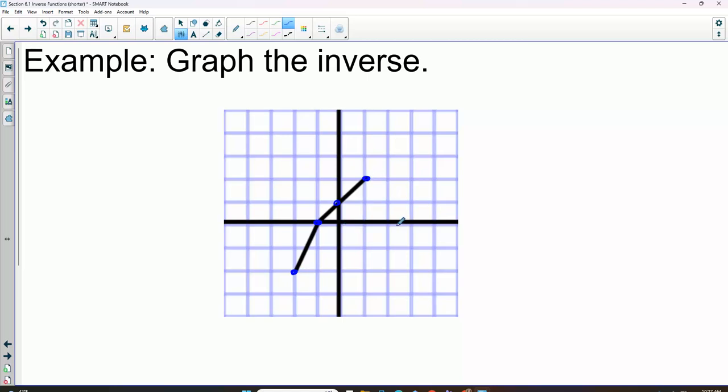So it will go to 2, 1. This is 0, 1. So that will become, this is negative 1, 0. Negative 2, negative 2 would stay. Okay, and if you graph the line y equals x, that just goes right through the middle, so we can see it's symmetric on both sides.